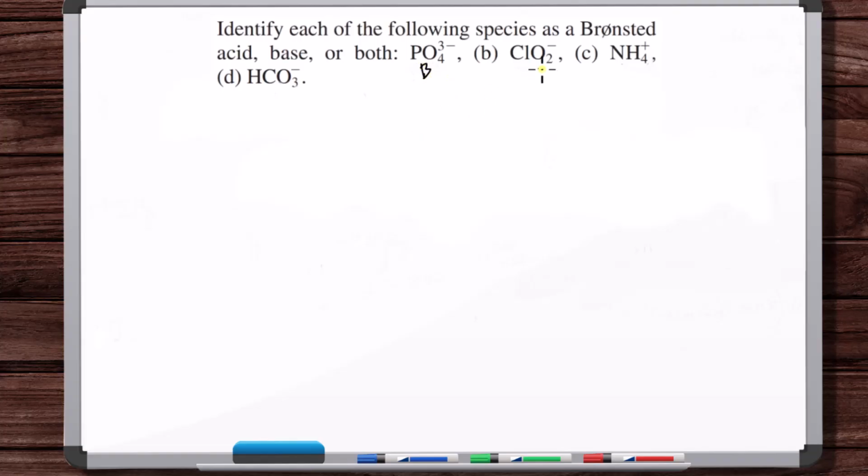Okay, ClO2 minus, we can think about how HClO2, if you do a Google search on this, is chlorous acid, and it's a weak acid. So it will dissociate reversibly in water into H plus and ClO2 minus.